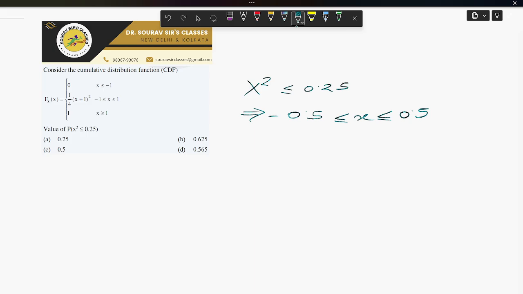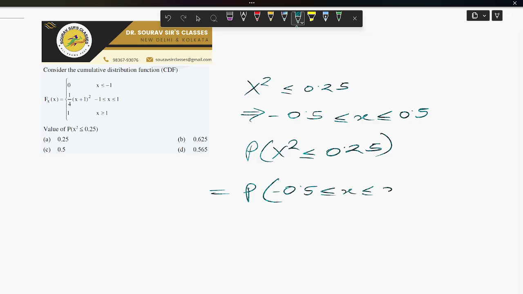So the probability of X square less than or equal to 0.25 is equal to the probability where X is lying between minus 0.5 and 0.5. Am I right? Okay.